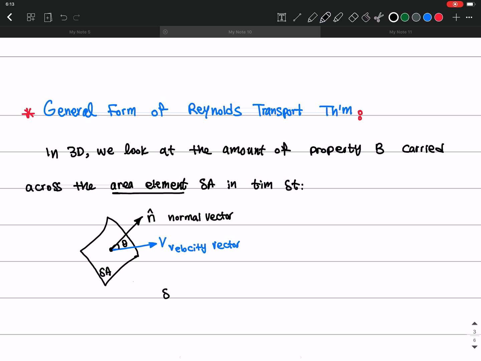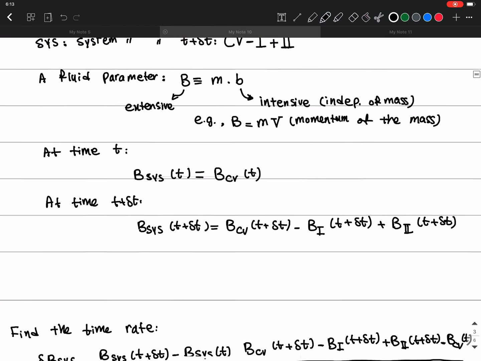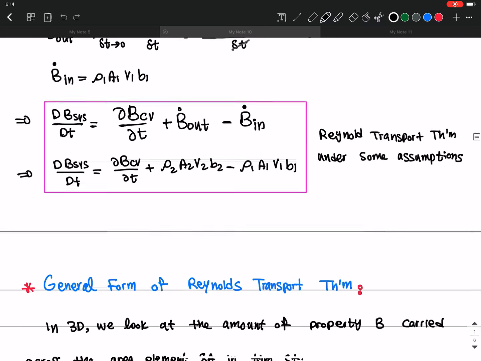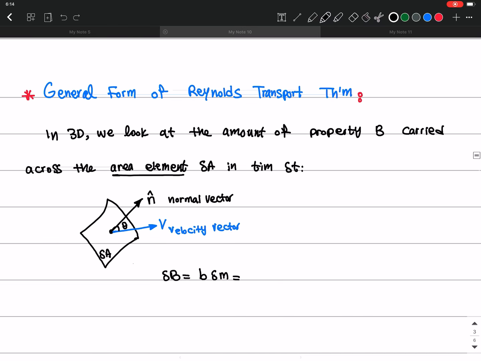So delta B is defined as B delta M. This is the definition we had already, right? B is M times b. So delta B is going to be b times delta M. And this equals b times, if the density is constant, b times rho times delta V, where this is volume again.